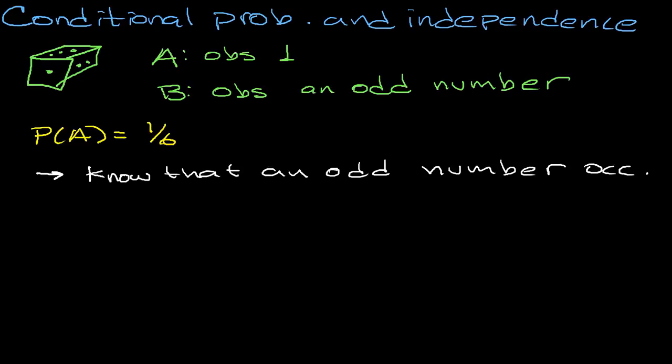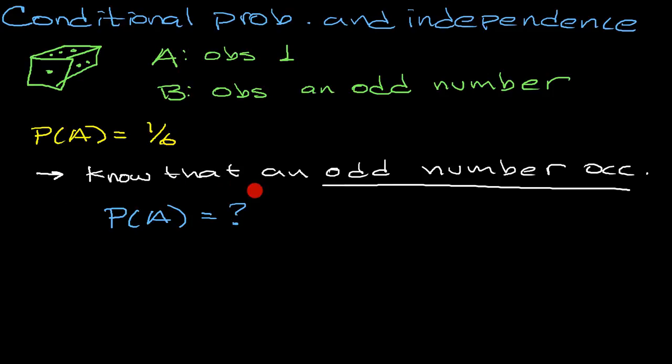An odd number occurs. So now, if we know that an odd number occurs, what's going to be the probability of a 1 in this case, now that we have this new piece of information?